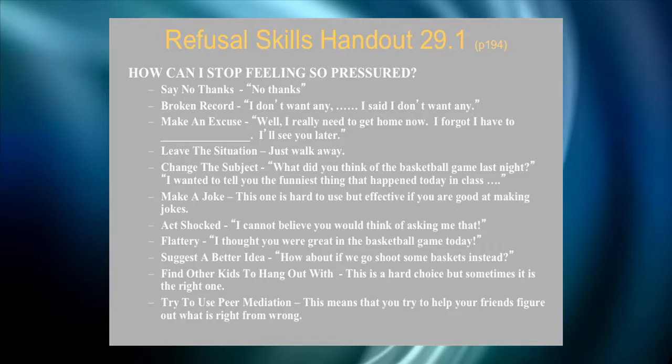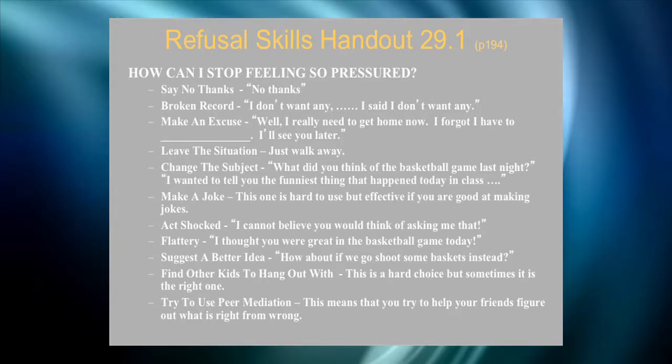So we have a whole list here, and one of the activities that we do, which I think we can take a minute to do here, is role play activities where you have examples of peer pressure situations on strips of paper, and then examples of these refusal skills on strips of paper, and take turns acting out the peer pressure situation and have the children practice acting out some of these refusal skills.